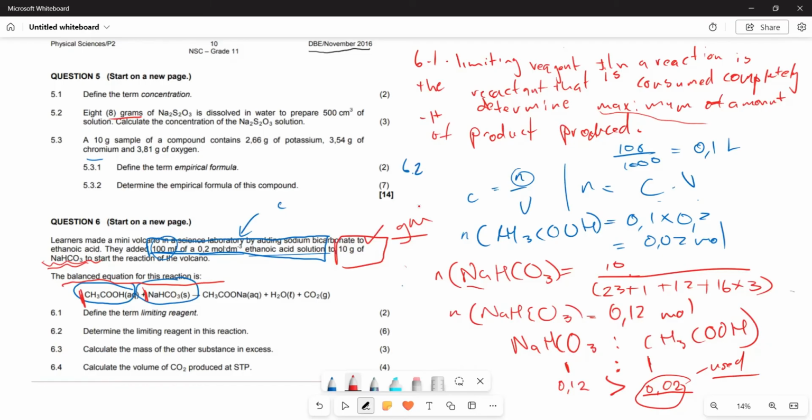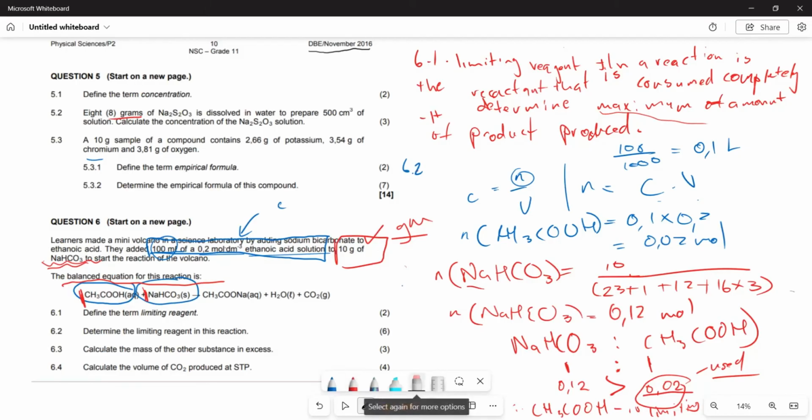So you are going to conclude that, since this runs out first, your CH3COOH is the limiting reagent. Why? Because it is the lesser one, so it's the one that is used up first within this particular reaction.